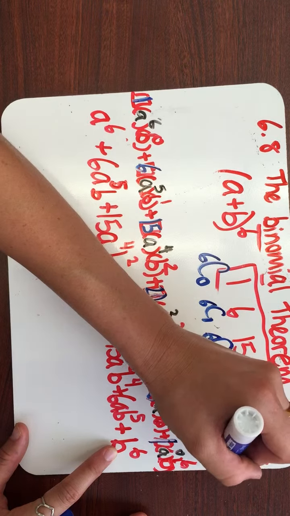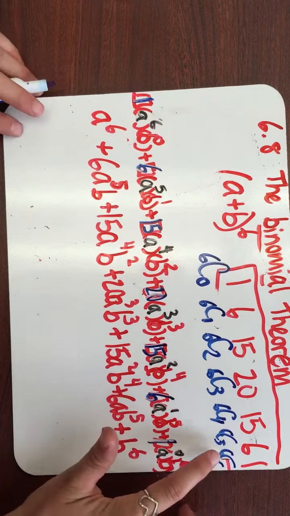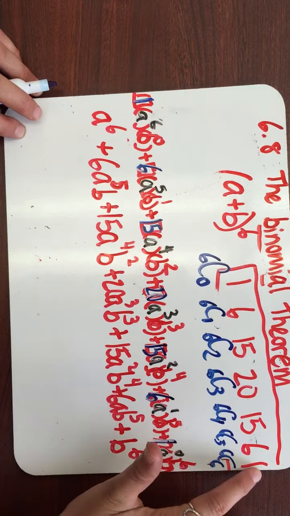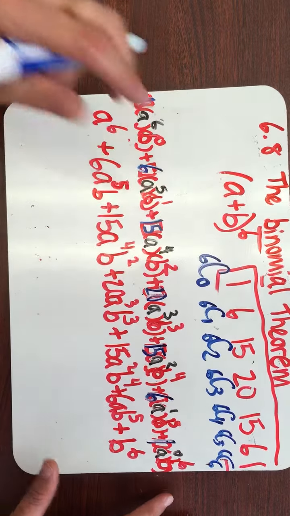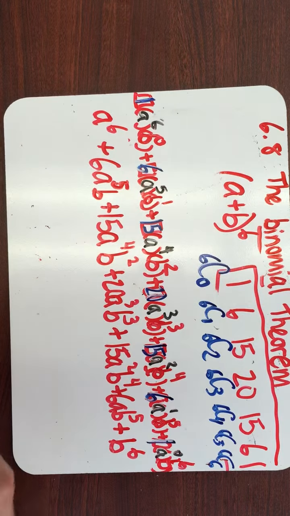And 6C6 is a 1. Whenever these two numbers are the same, you always get a 1. And whenever your second number is a 0, you always get a 1 for combinations.